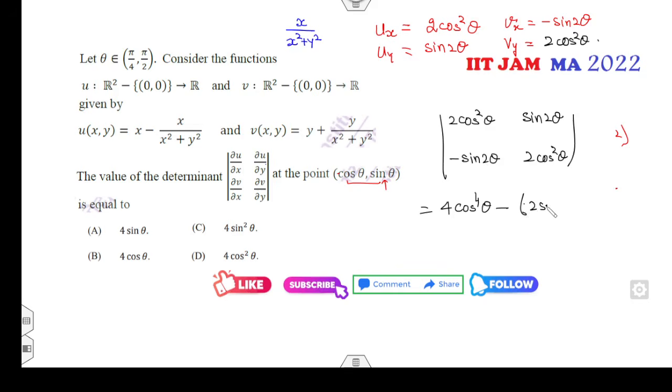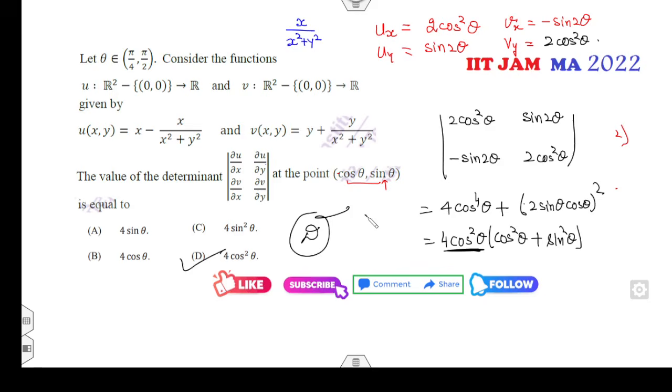So I can write it as 2 sine theta cos theta square. I can take 4 common, cos square common. This is a minus plus. The inside term is cos square plus sine square. So the answer is 4 times cos square, which is the right answer of the problem.